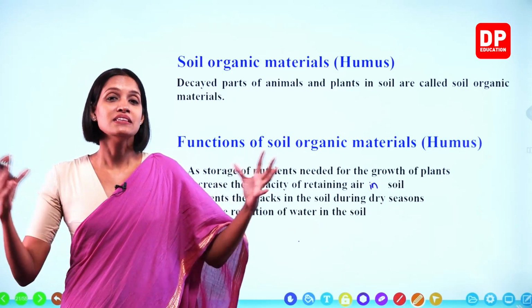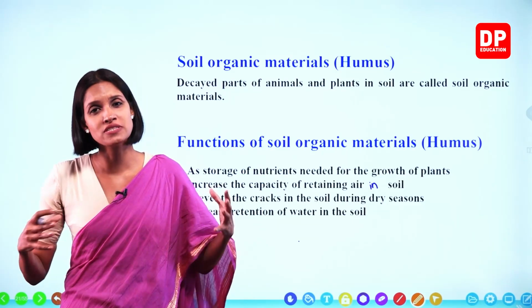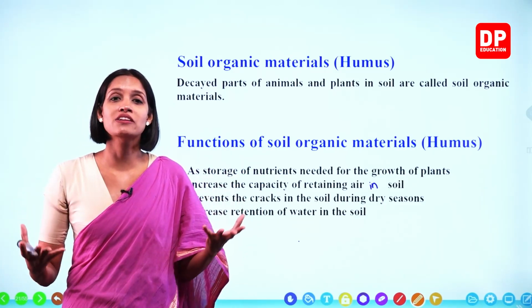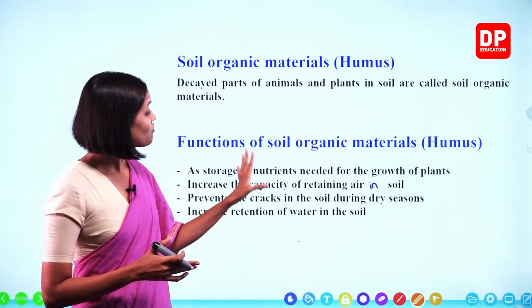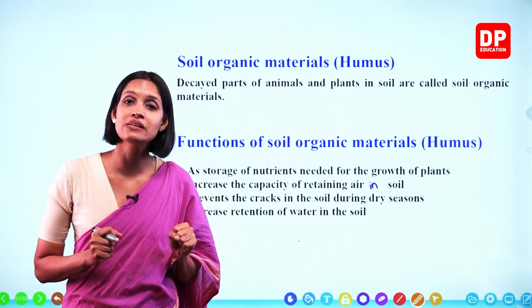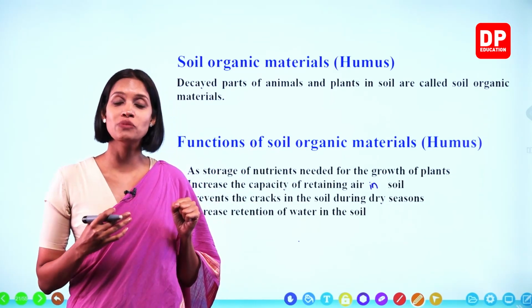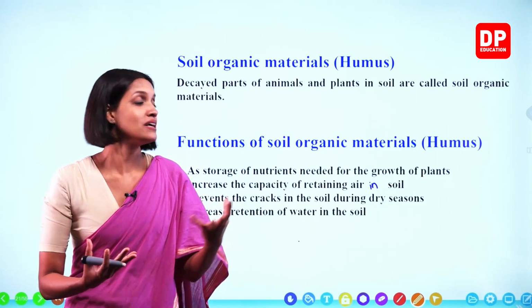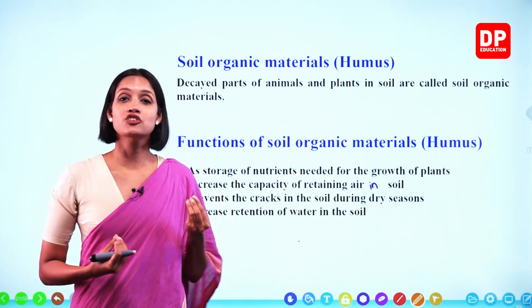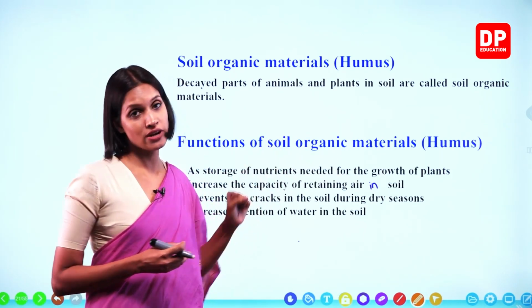Because of that, these soils are not exposed to strong sunlight. Because of the sunlight, the water in the soil will evaporate, and if the soil is mixed with organic materials well, this soil will not get cracks during the dry seasons either, because the water will be protected inside the soil. So, prevents the cracks in the soil during dry seasons.